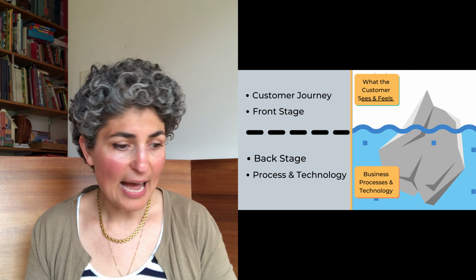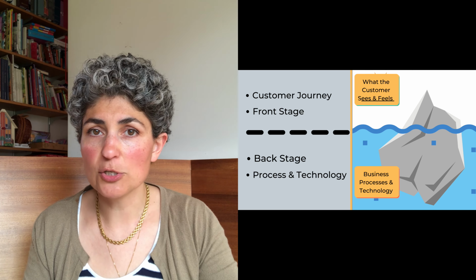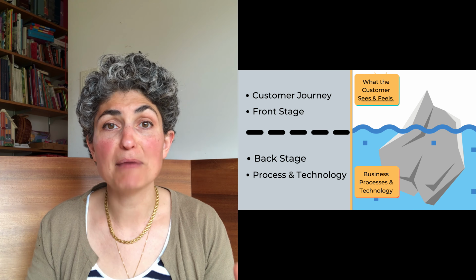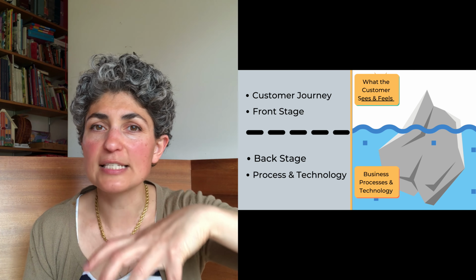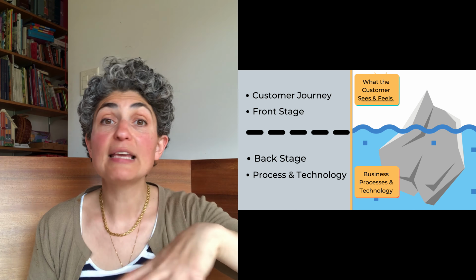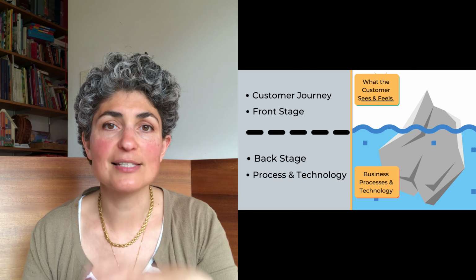Now, that's exactly why and how these 2 elements of customer journey mapping and business process mapping fit into one another, because while one is trying to understand the experience that we're leaving with the customer, the other is trying to examine why that's the case.